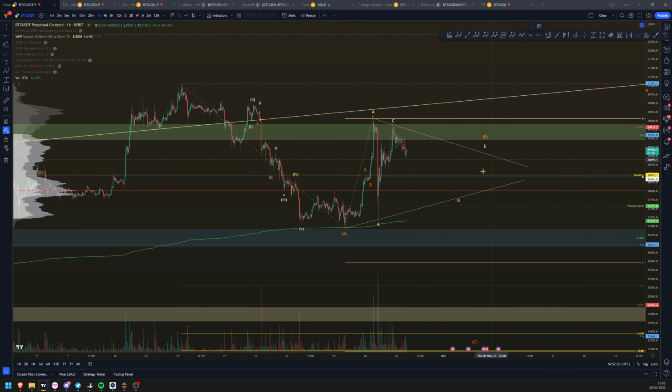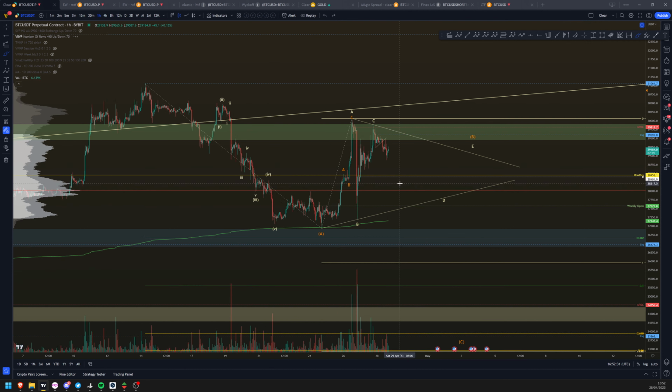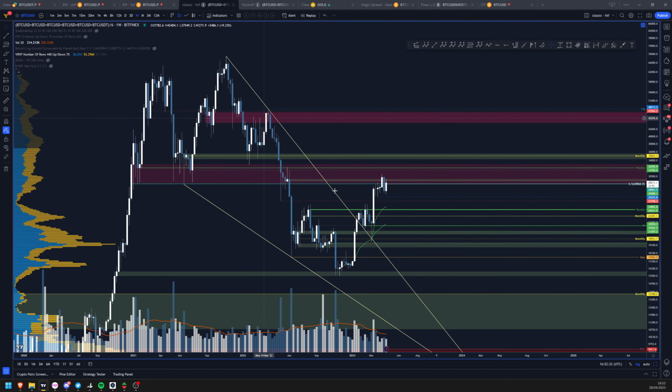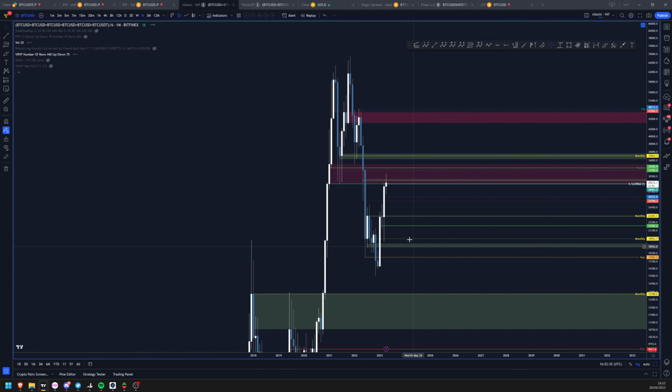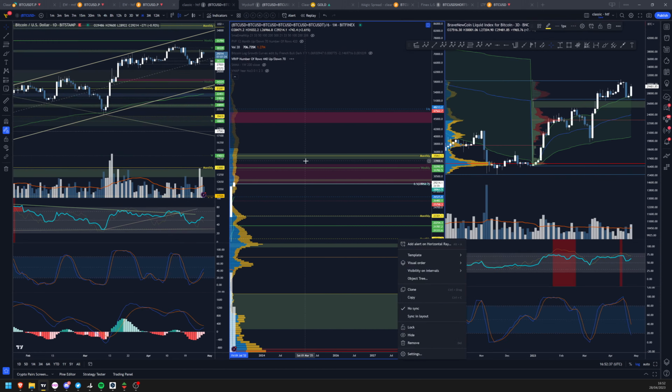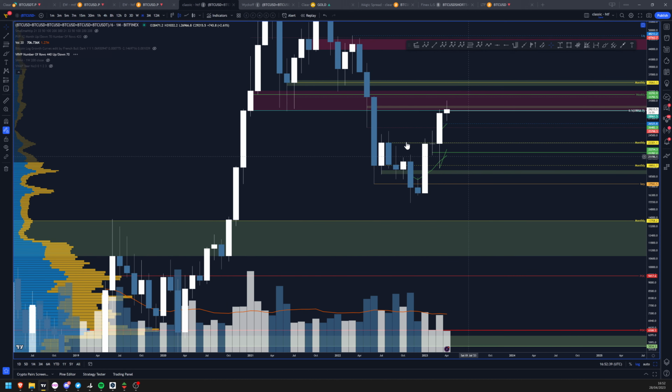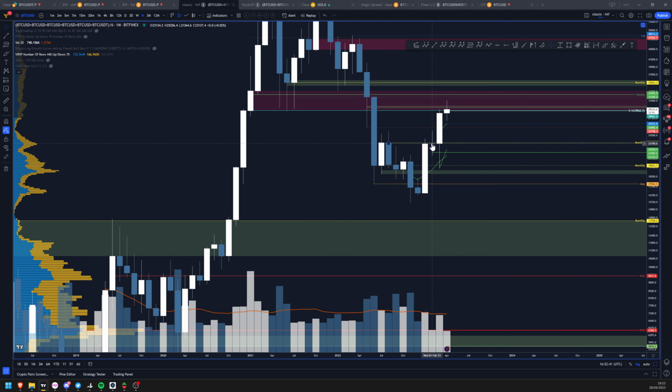Well, we have the monthly coming on Sunday, so the monthly level could be acting as some kind of magnet here. Or maybe we'll make the same kind of price action that we had in February.